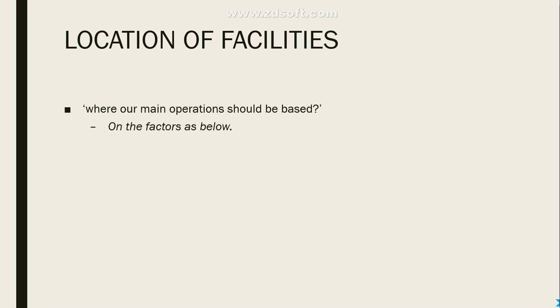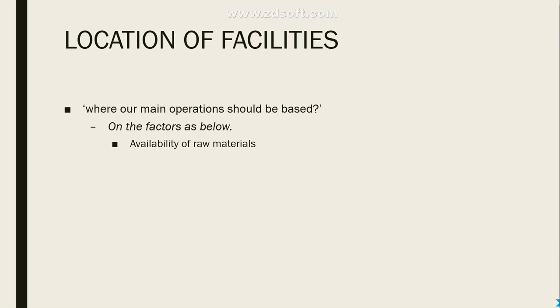We have, on what factors? Yes, availability of raw materials. We need to choose a location based on our product, whether we are able to get the resources or raw materials which are required for our production. Why is it very important? Because acquiring raw materials is cost oriented in terms of transportation.